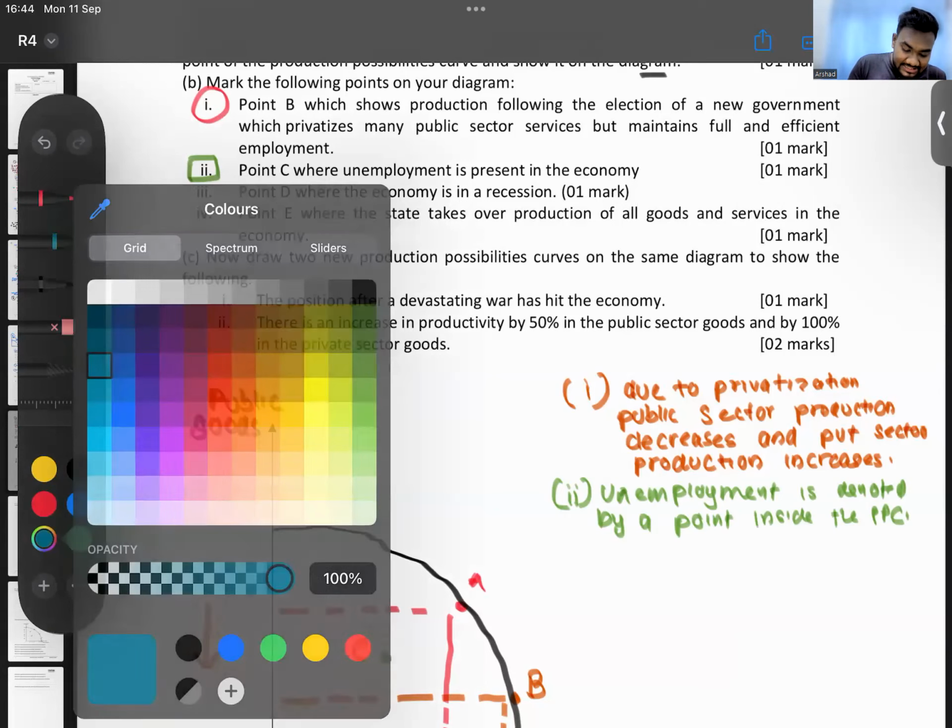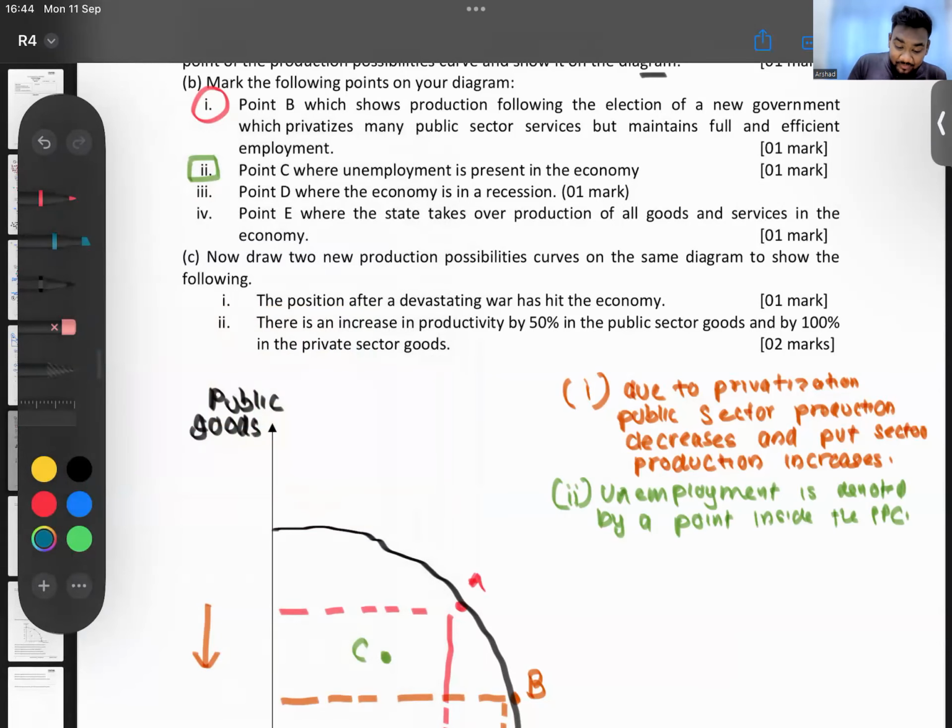How about this? Point D, where the economy is in a recession. What do you all think? Yes, do we shift the curve inside?